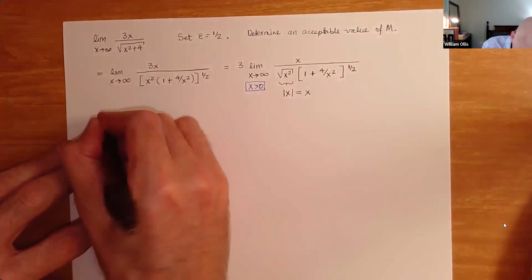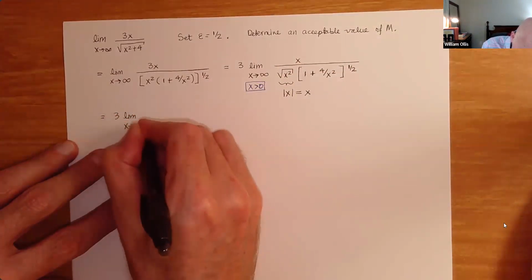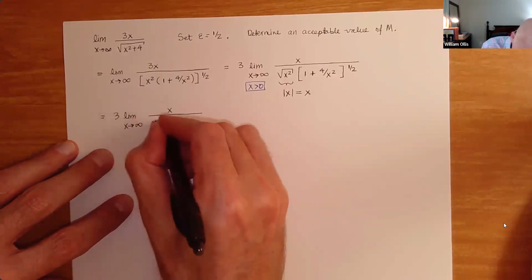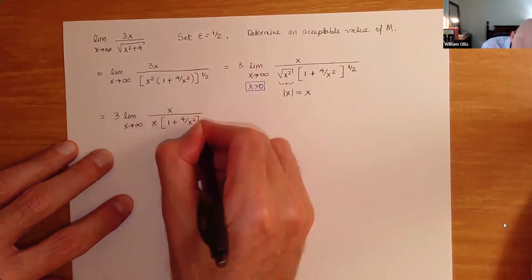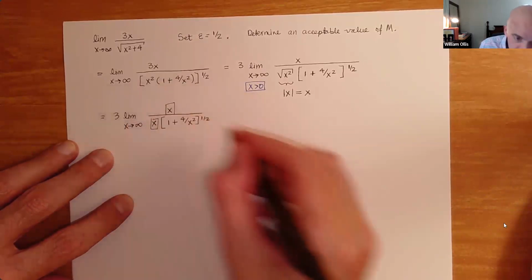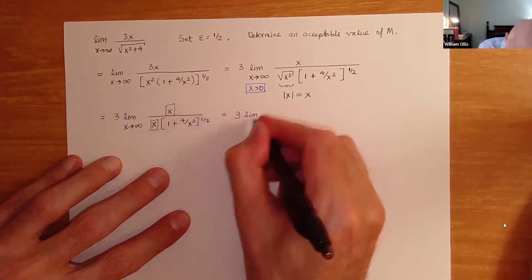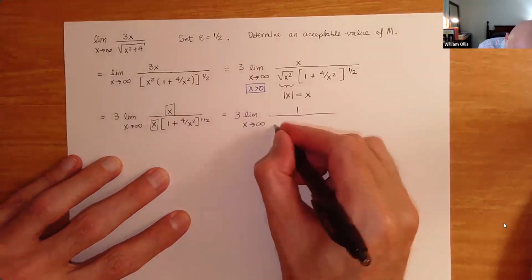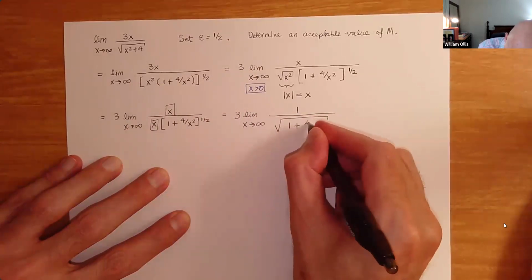So now we have 3 times the limit as x approaches infinity of x, and then we have x times (1 plus 4 over x squared) to the 1/2. And of course, the x is absorbed. So now we have 3 times the limit as x approaches infinity of 1 over the square root of 1 plus 4 over x squared.